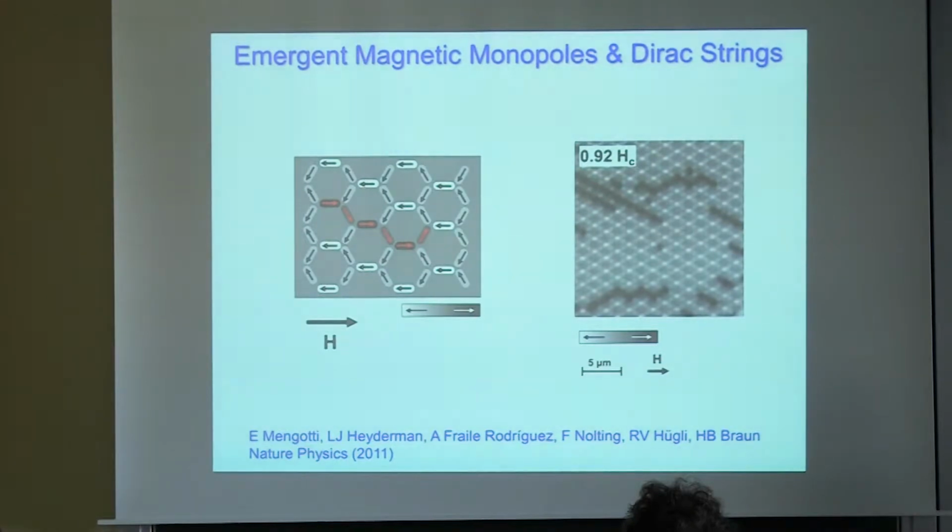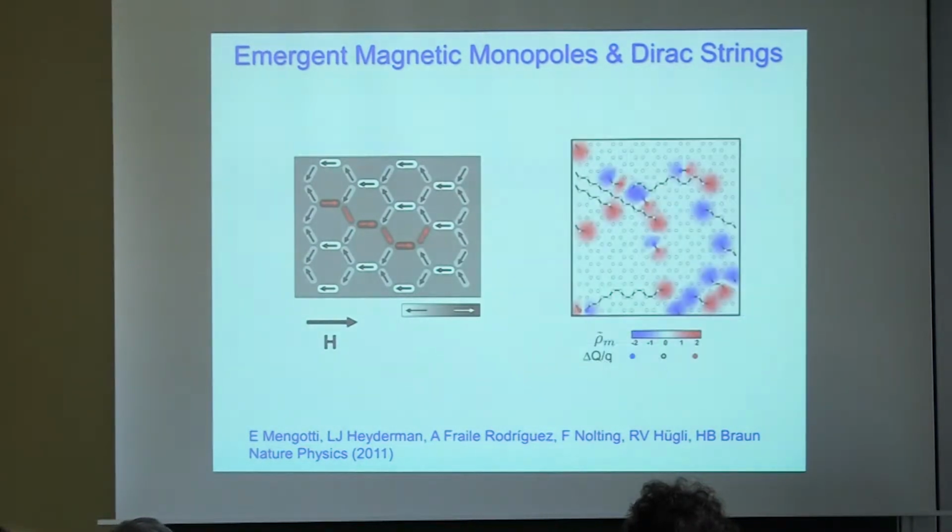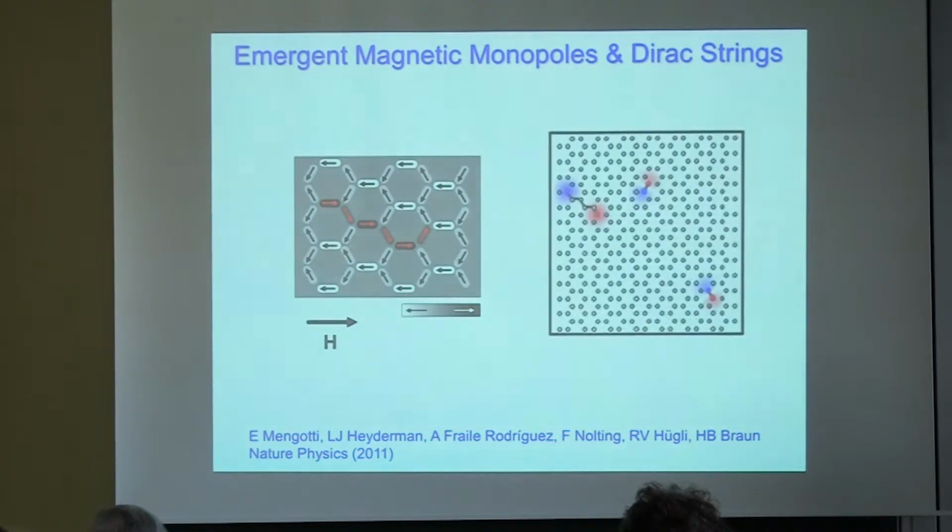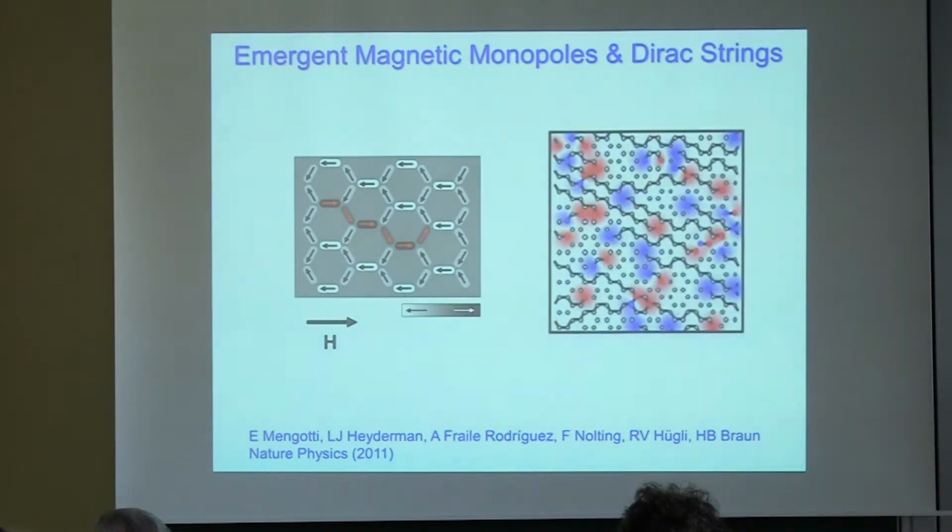On the right-hand side, you can see what the image looks like. And I can then map using my definition where the monopoles are. I can also look at the smeared charge density, and I find that really I have charges at the ends of these strings. And I can watch then during magnetization reversal how these monopole-antimonopole pairs nucleate and spread through the system.